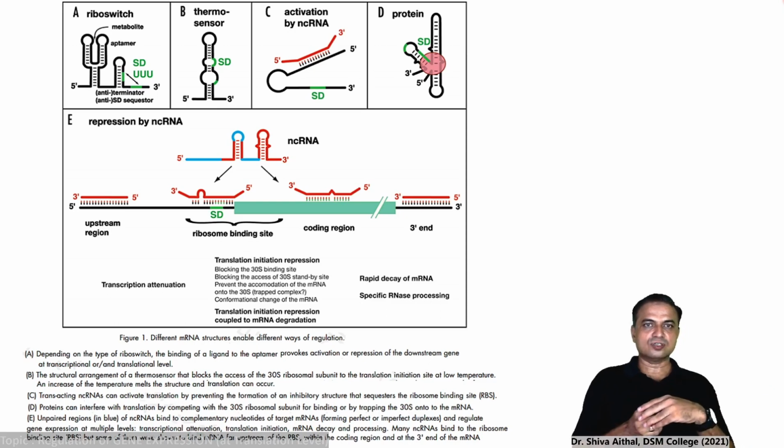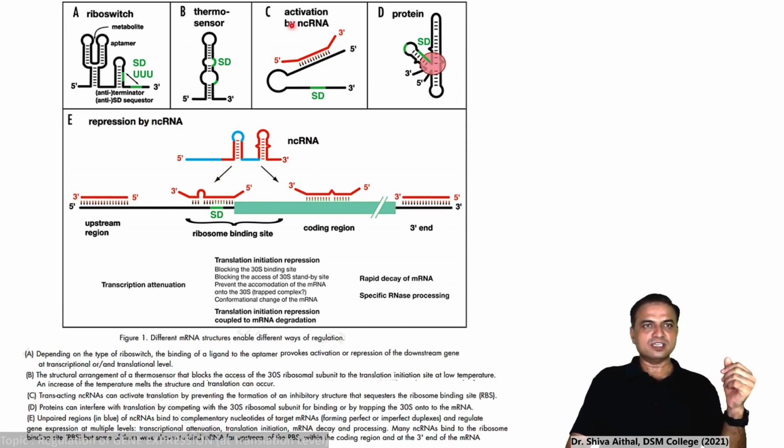So again, this figure, taken from a research paper, is just to give you an idea of the different types of structures formed, and there are certain small structures, like the complementary mRNA, which is the next point of discussion, also being formed.